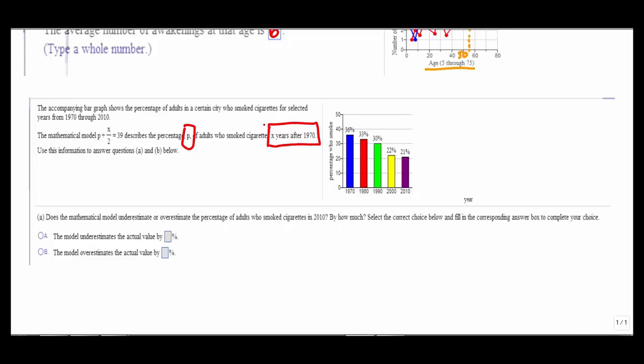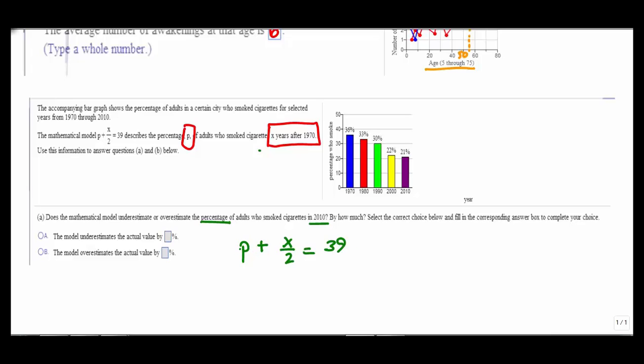So let's see if we can relate this information from above to this question below. It says, does the mathematical model underestimate or overestimate the percentage of adults who smoke cigarettes in 2010? Well, we don't know the percentage, so that's our unknown. I'm looking at my model, or my formula, and trying to figure out what I can plug in.